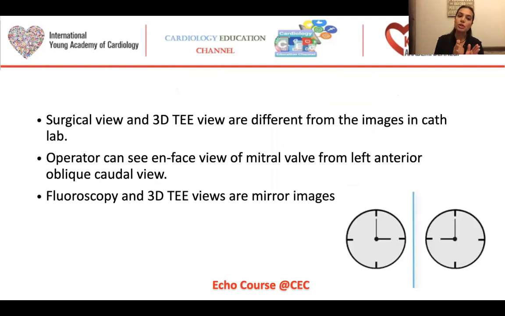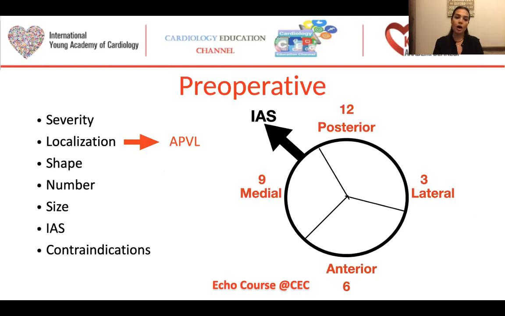Surgical and 3D are the mirror images of the fluoroscopic view. For aortic PVLs, we put the interatrial septum at 10 to 11 position. Again, we are using a clock system, and 12 is posterior, 6 is anterior, 3 is lateral, and 9 is medially located.